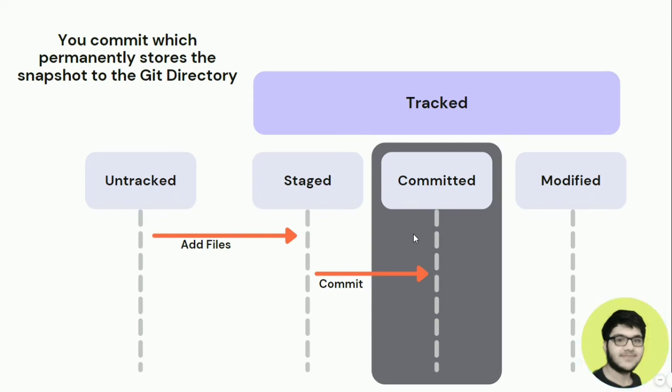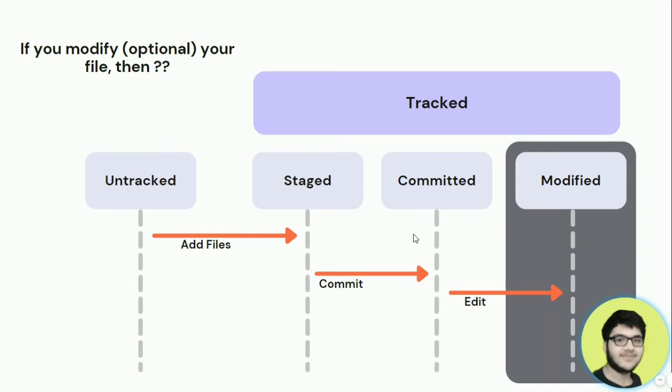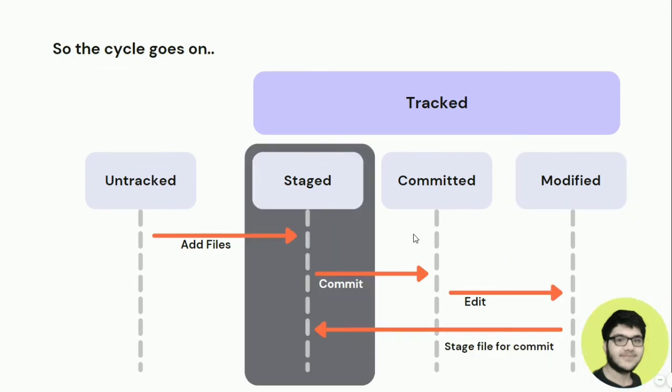Now what happens if you modify files after committing them? They will return to a stage which is called unstaged. So it is not untracked, but it is not staged either, right? So it will be unstaged. You have to again bring it to the staging area, and then you have to again create a commit. So it is like untracked, staged, committed, modified, and then returning to a section which is called unstaged.